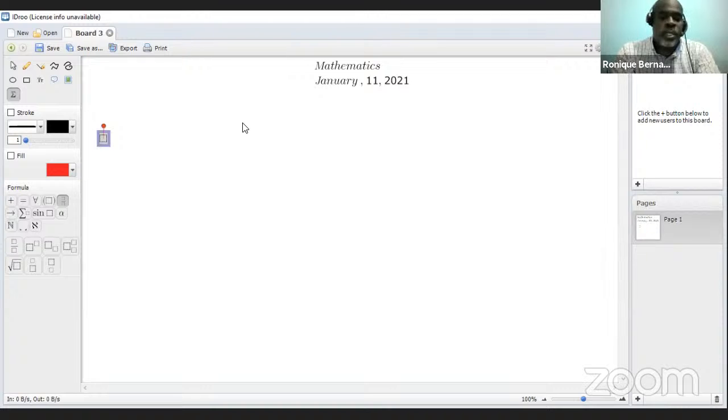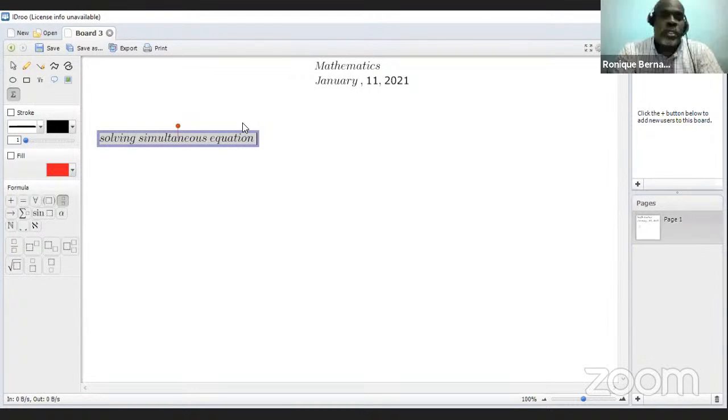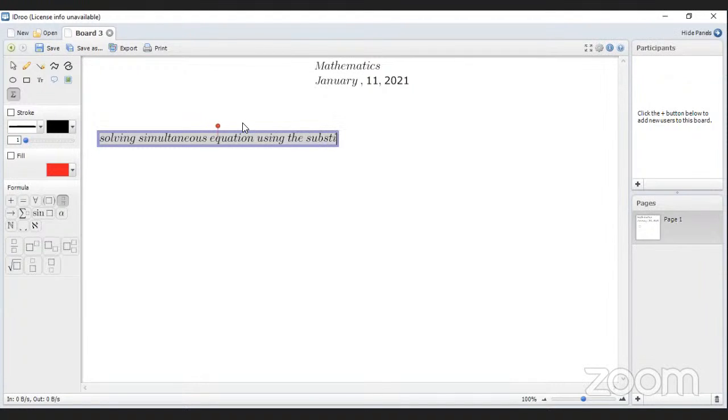So it's equation one, all right? We are solving simultaneous equations using the substitution method. x plus y equals 1. Simultaneous equations using the substitution method, right? Oh, Tasha is on.